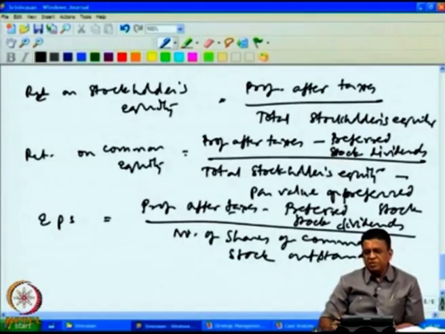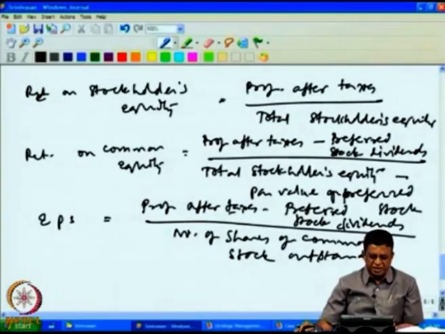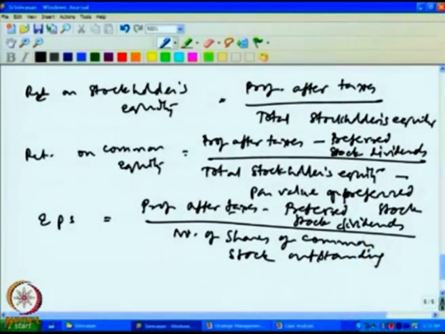After the preferred stock dividends are paid, these 10 people who have made investments get dividends at a decided rate, which was agreed even before the common equity was distributed. So, there is a certain amount of fixed dividends to be paid to the preferred stockholders. The profit after taxes minus the preferred stock dividends, divided by the number of shares of common stock outstanding, gives you the earnings per share.